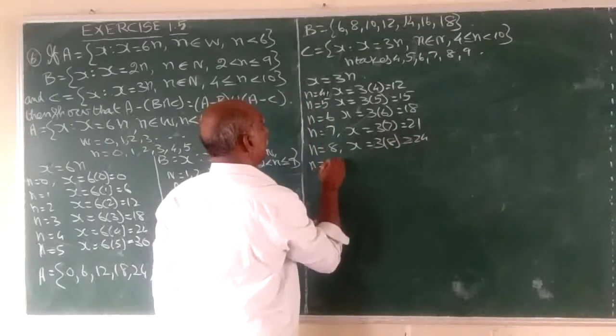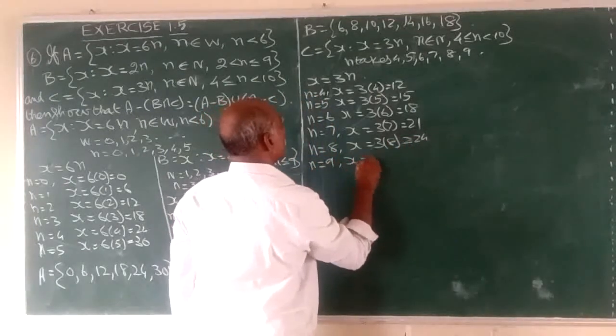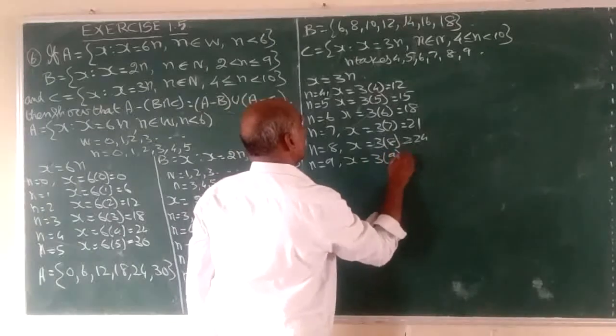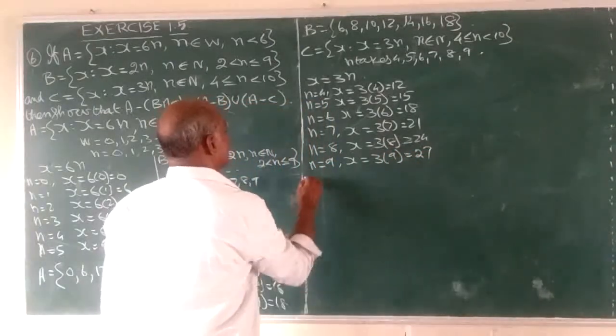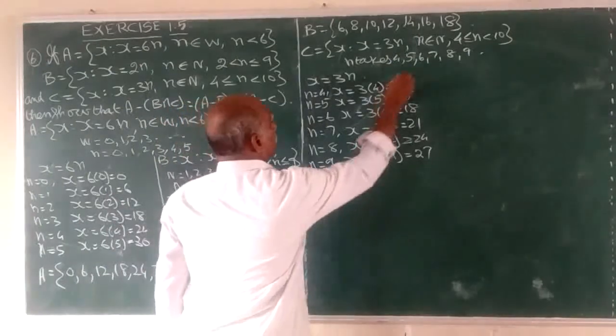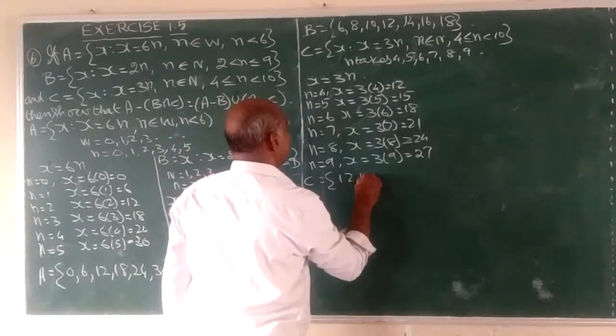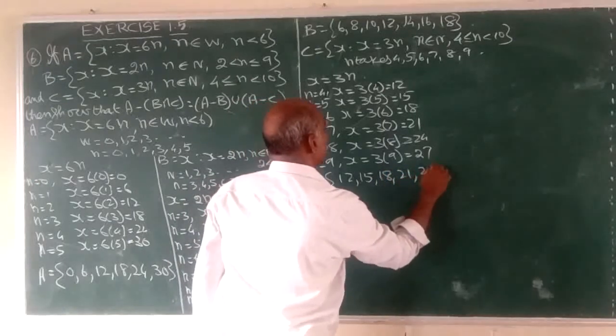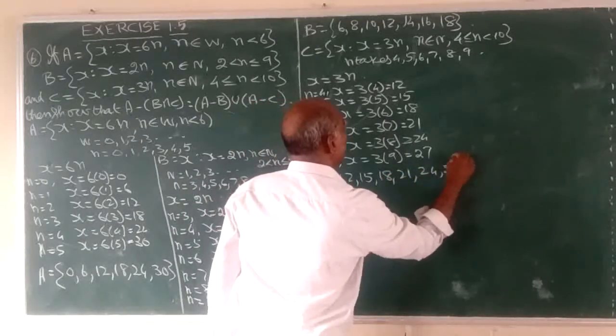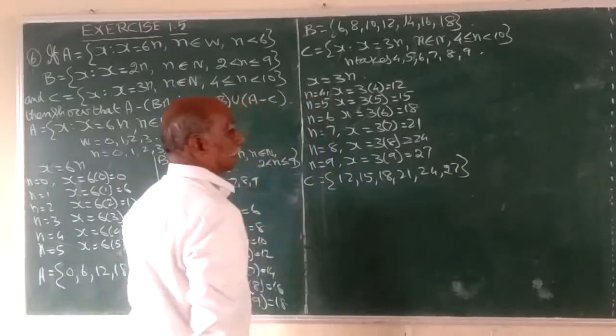Then n equal to 9, x equals 3 into 9 equals 27. Therefore, the set C is 12, 15, 18, 21, 24, 27. This is the set C.